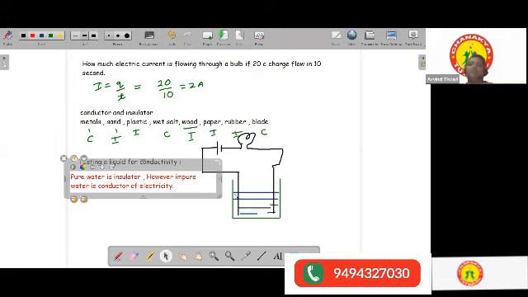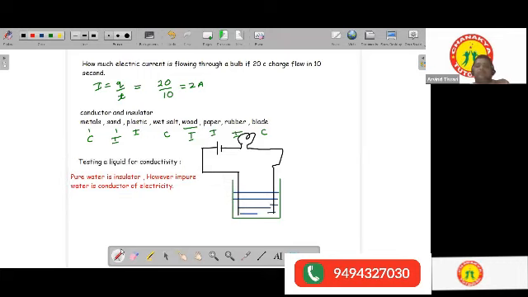But now there can be a small problem. Can anyone think of that problem? I will discuss what the problem is. The problem is with the bulb. How many of you can tell how a bulb works?